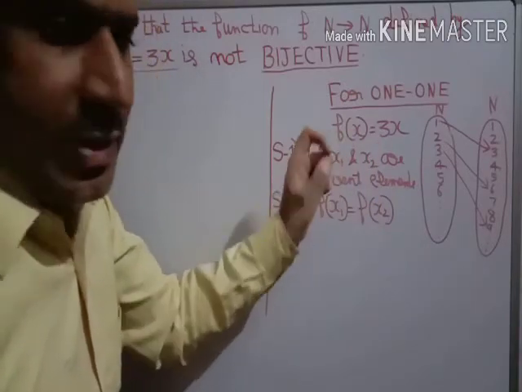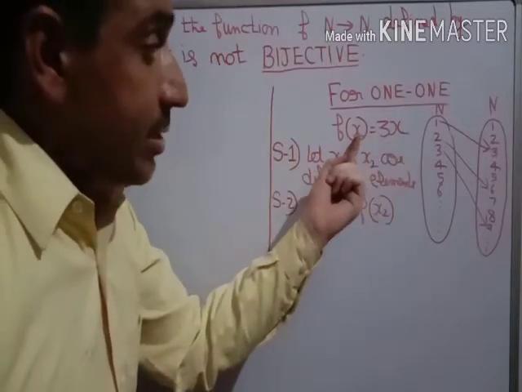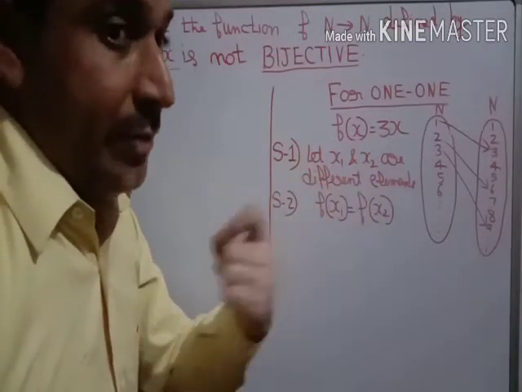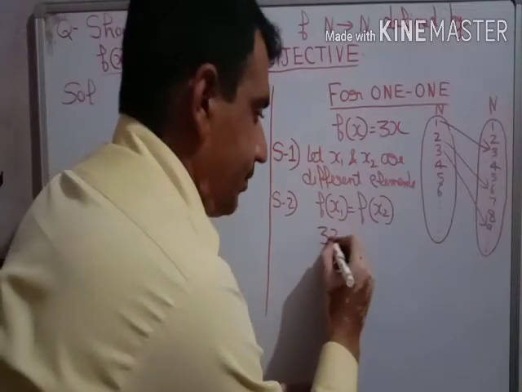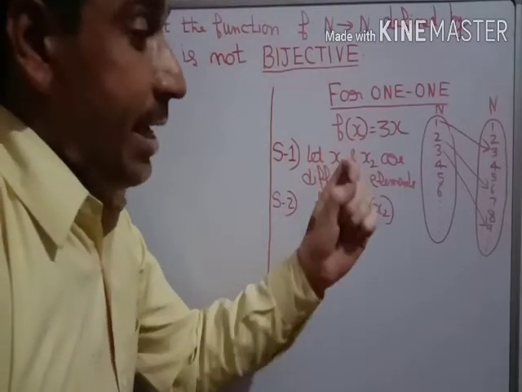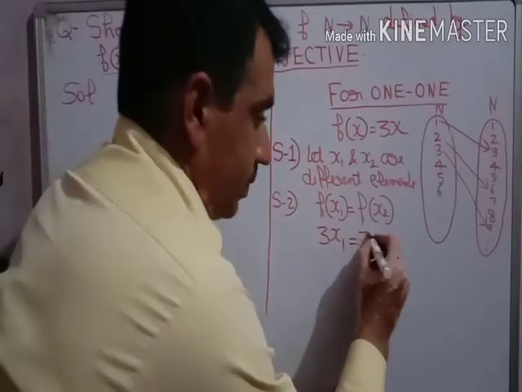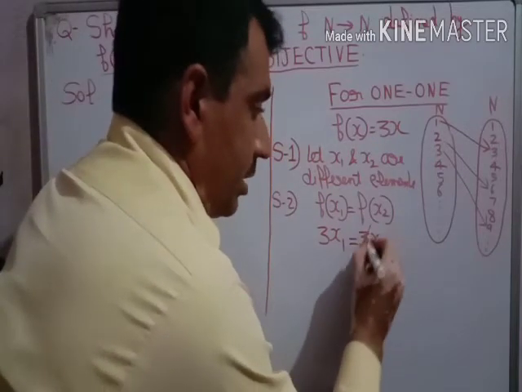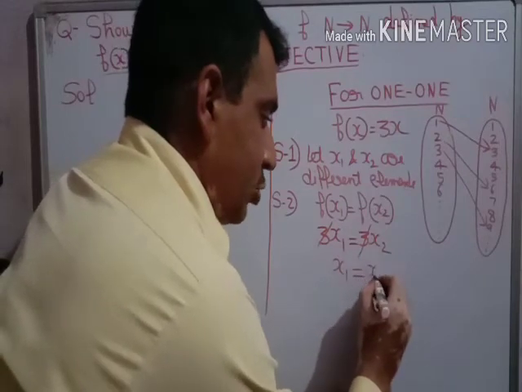Just replace x with x1, I will get the output 3x1. अगर मैं x को रिप्लेस करता हूँ x1 से, I will get the output 3x1. If I give the input x as x2, I will get the output 3x2. The 3 cancels. At last I get x1 equals x2.